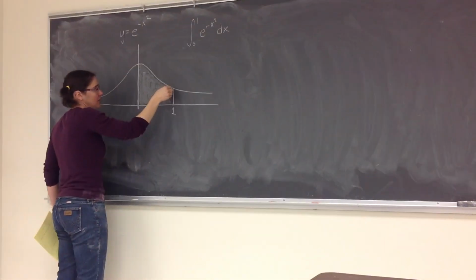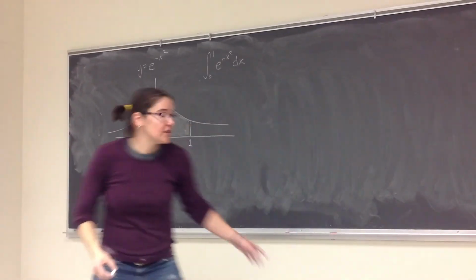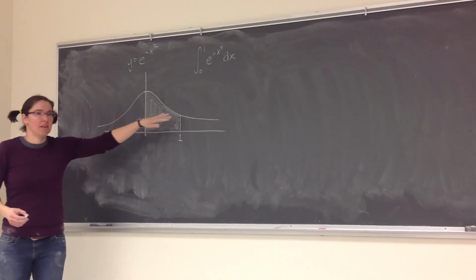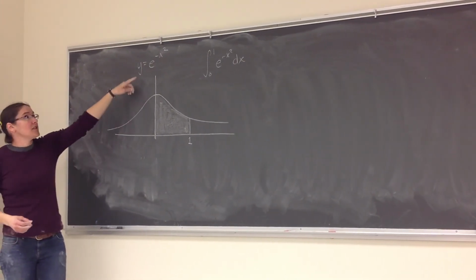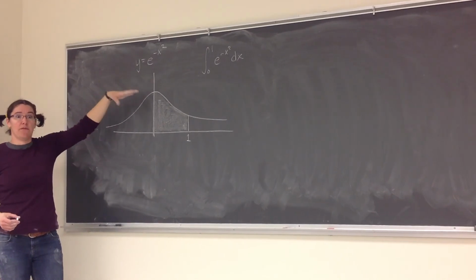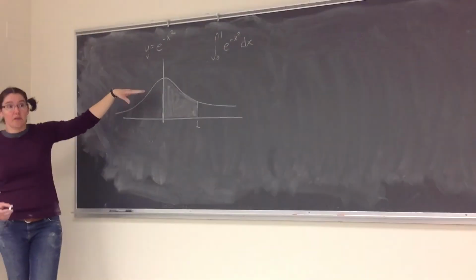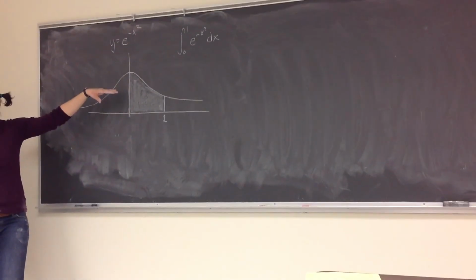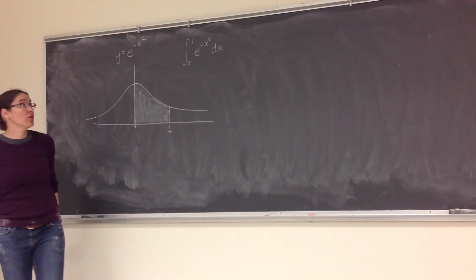And not only is it legitimate in the sense of the geometry here, but something that you might notice about this curve is that it looks kind of like a bell curve. And e to the minus x squared is part of the formula for the standard bell curve. And so this is a really important curve that people want to know an awful lot about. And we can't even find an antiderivative for this thing. And it's a total bummer.